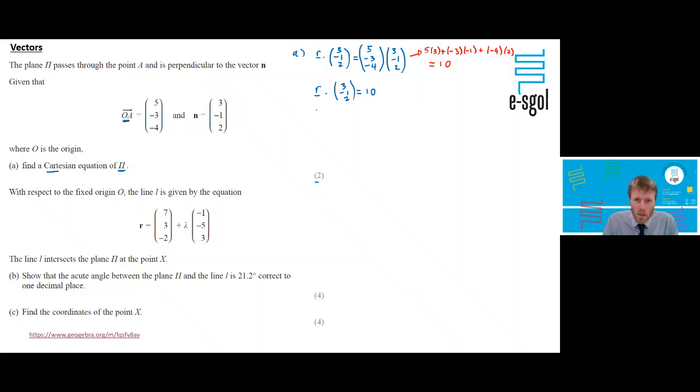So what we're doing is we're saying that r is an x coordinate, a y coordinate, and a z coordinate, and we're multiplying it by (3, -1, 2), and that should equal 10. You are then going to use the dot product, multiplying x by 3, y by -1, and z by 2. That gives us 3x - y + 2z = 10, and that's our answer.